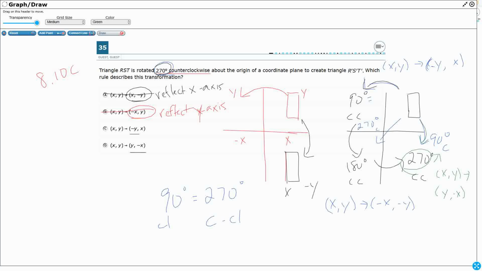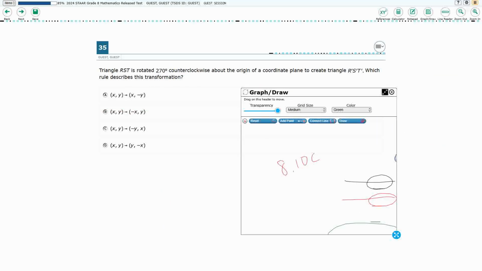So if I'm going clockwise, the second variable becomes negative, and that's actually the one we need. Notice how both times we go 90 degrees, either clockwise or counterclockwise, the X and Y variables swap. The difference is when I'm going counterclockwise, the first variable becomes negative. When I go clockwise, the second variable becomes negative, because that's the way a second hand moves on a clock. And so that's the one we're looking for, and that is D.